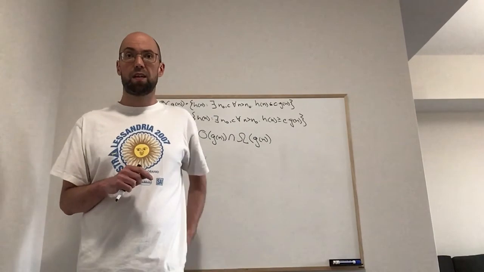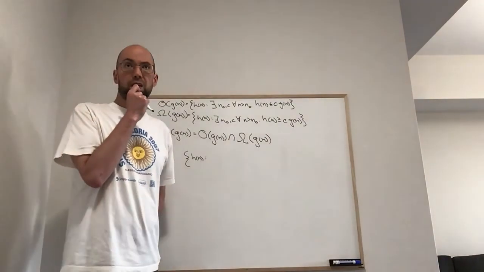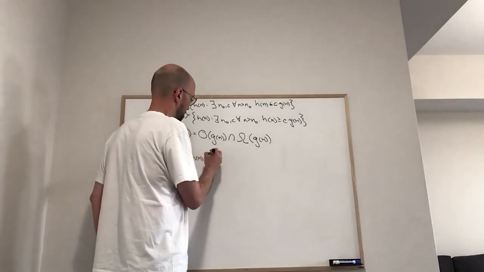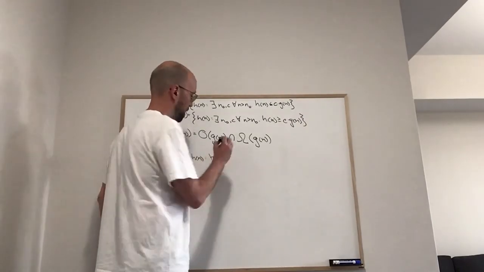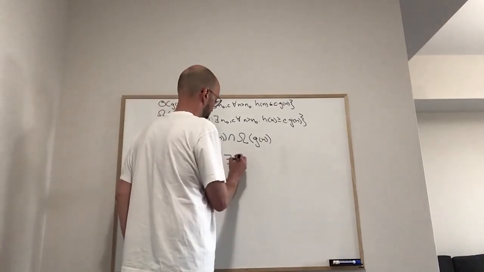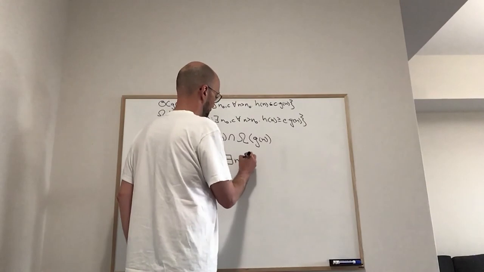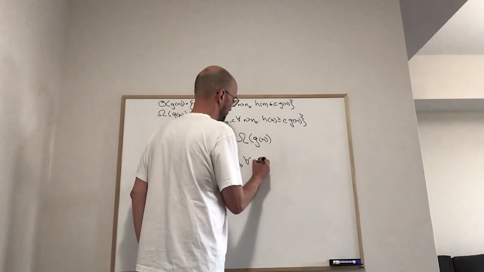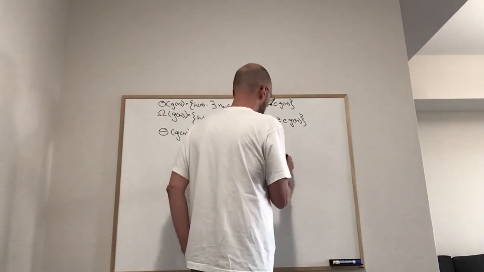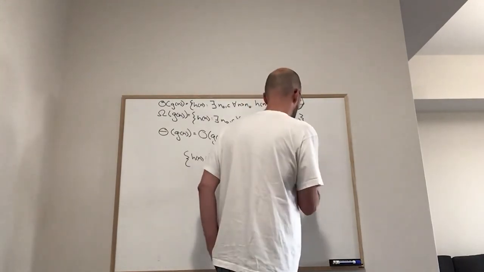So for all c, and technically c greater than 0, there exists an n0 such that for all n greater than n0, h of n is less than c times g of n.